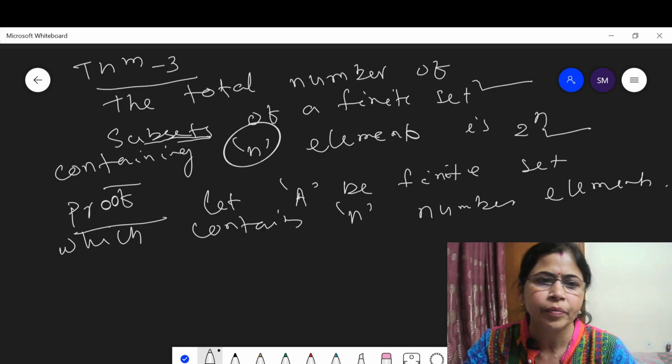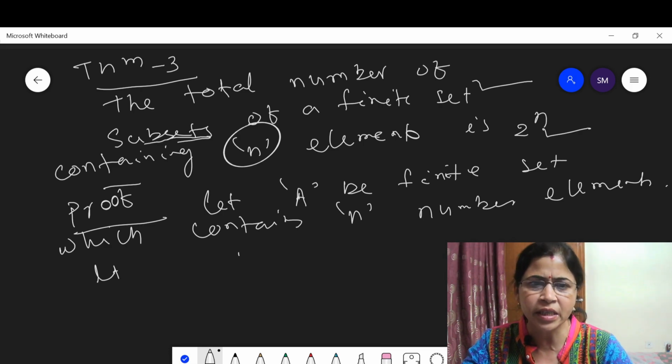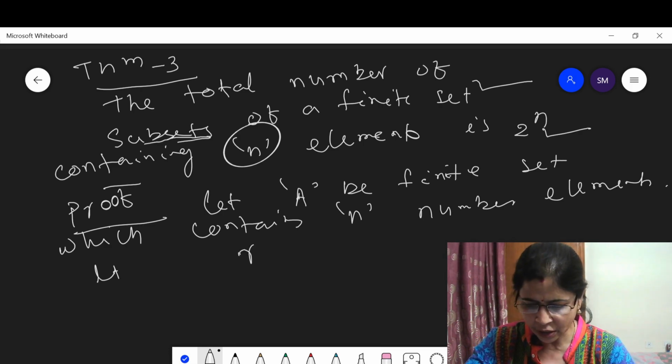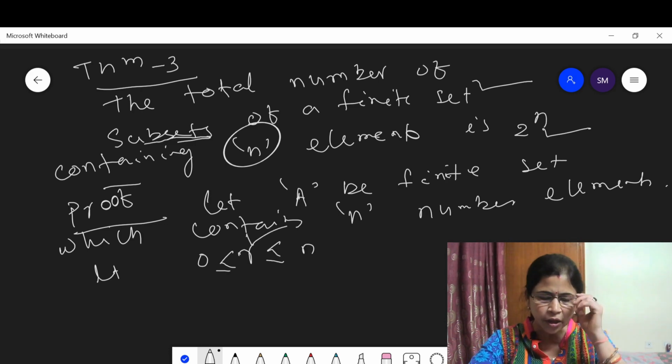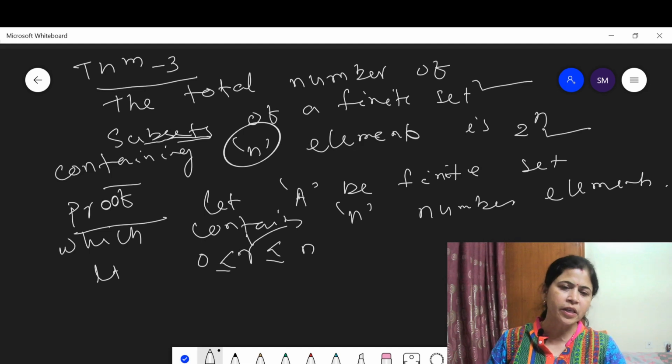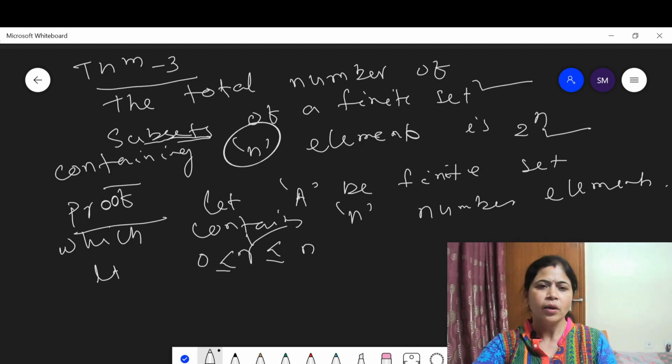Then let r be the number of elements present in a subset of the finite set A, where r is greater than or equal to 0 and less than or equal to n.